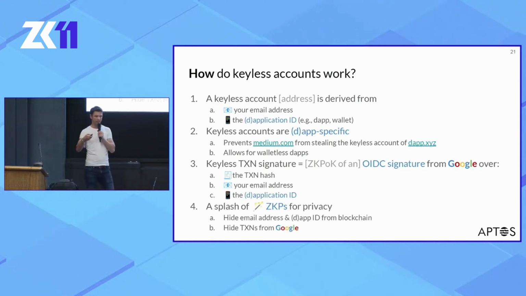And lastly, we add a splash of zero knowledge for privacy. So we want to hide a couple of things. We want to hide the email address and the application ID from the chain, from the full nodes, validators, everybody. But we also want to hide transactions from Google. We don't want Google to be able to track which email addresses are associated with each blockchain address and which transactions are associated with an email address.